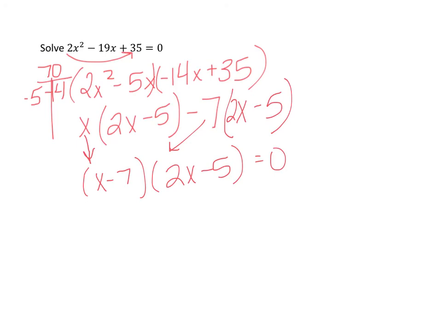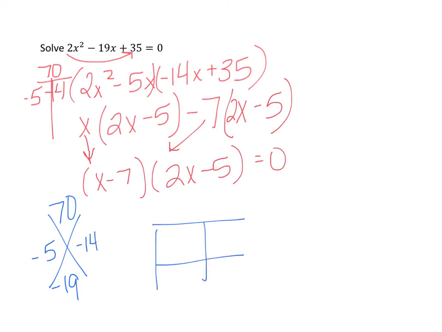All right. Second way, using x in box. I would put my 70 on the top, my 2 times 35, my negative 19 on bottom. I do know that this is going to be negative 5 and negative 14, so I go to my box. My first term is 2x squared, my last term is 35, negative 5x, negative 14x.